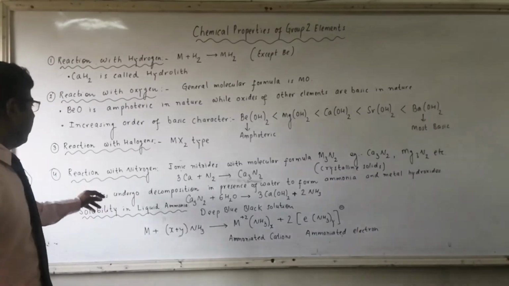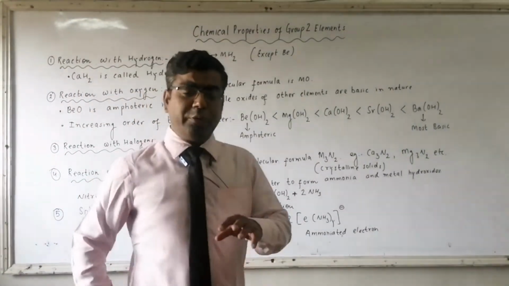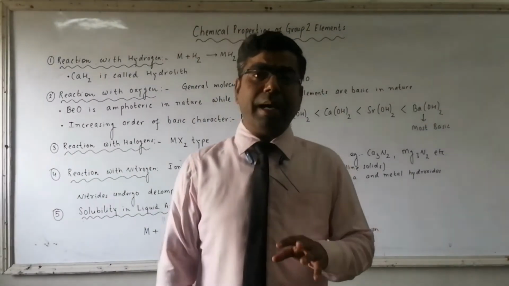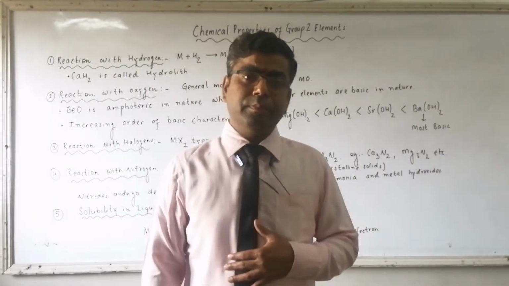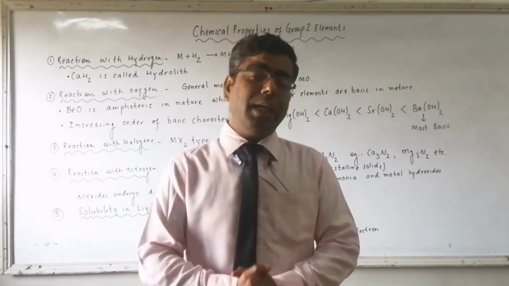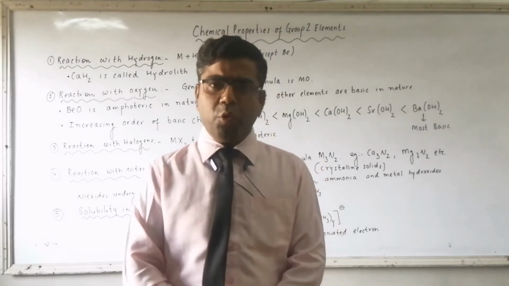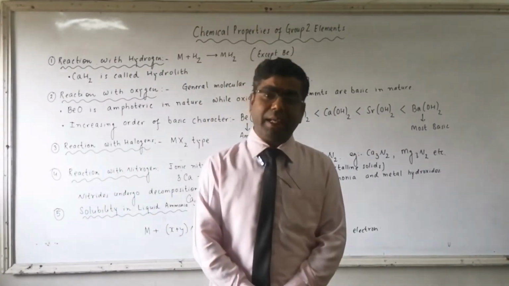Then we have the next one, reaction with nitrogen. It is one of the important properties exhibited by alkaline earth metals. Nitrogen gas is highly inert in nature. Very few metals react with nitrogen directly.